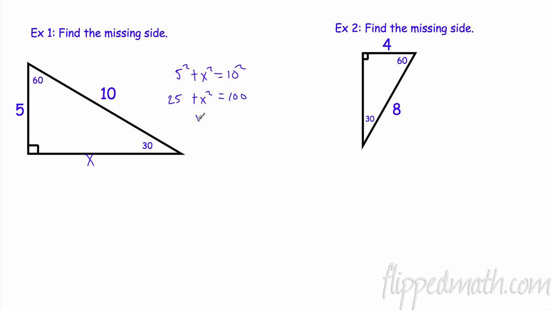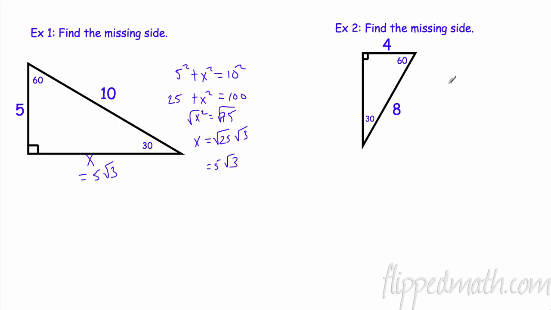I'm going to subtract 25 and I get 75. I'm going to take the square root of that. Usually when we have this it's plus or minus, but since it's a distance, it's only positive. So that's going to be 25 times 3 is 75. The square root of 25 is 5, radical 3. So we have sides of 5 radical 3, 5, and 10.